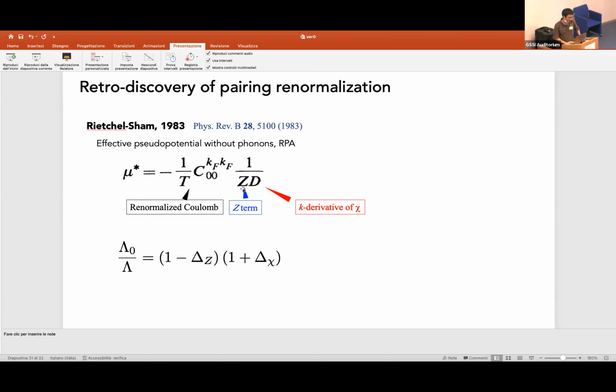And in their notation, Z and D represent respectively the Z term effect and the K derivative of chi. So actually, this already captures the same physics as mine. What I did recently is to clarify that this effect originates from the spectral renormalization, and that it is valid even with the phononic degrees of freedom, and to give a correct interpretation of how this occurs.